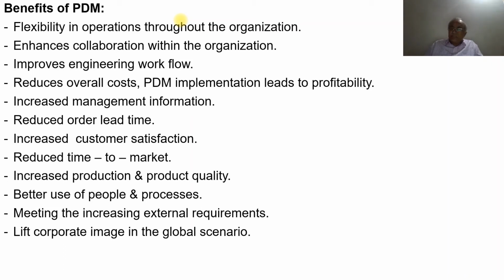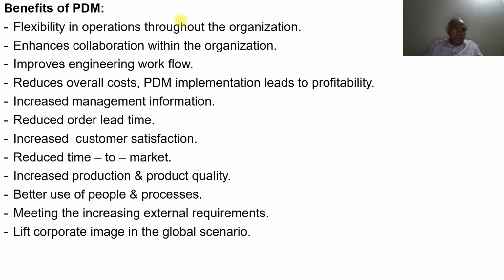Increased management information, because all the information related to the product and also to management will be readily available. Reduced order lead time, because everything is done by the software. Increased customer satisfaction because of the productivity. Naturally the customer will be satisfied because the product will be available at the right time.